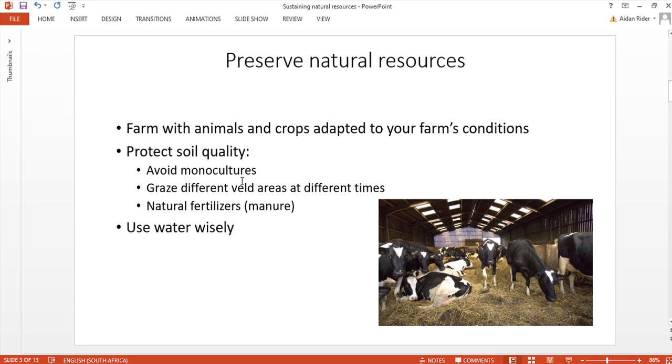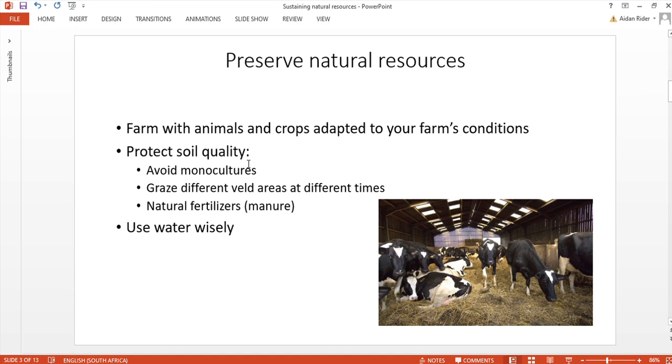Things that affect our soil quality are monocultures, like we mentioned so many months ago. Monocultures are when we grow only one type of crop, like say maize in your entire farm. That would not be good for the soil itself. We should rather alternate between different crops, like wheat and maize, because different crops use different minerals.